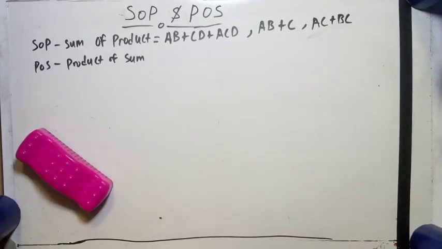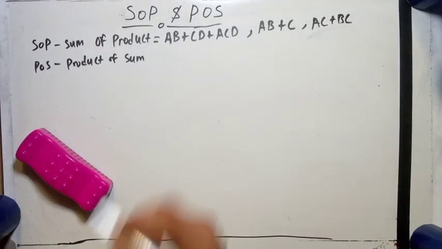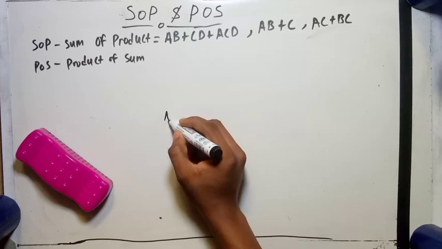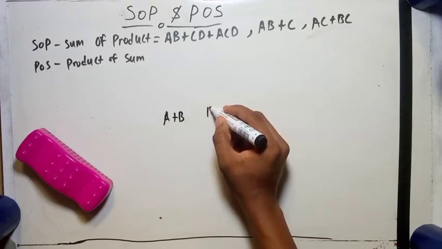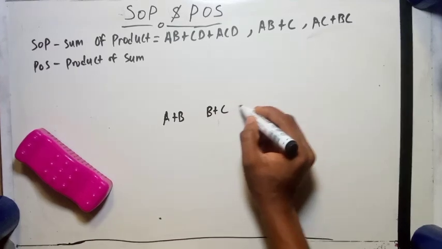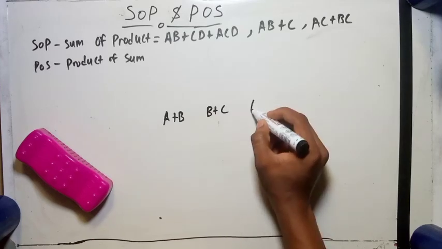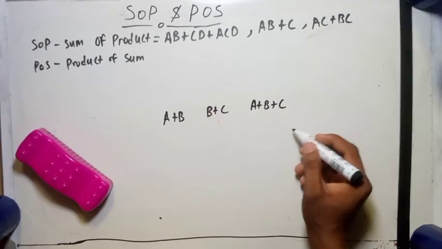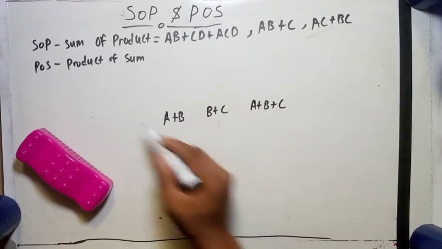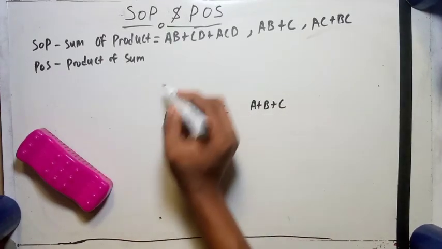Now for your POS on the other hand, you're now having product of sums of variables. Let's say A plus B, B plus C, just like that. A plus B plus C. All these things are all what? Sums. Now when you multiply them, you get your product of sum.